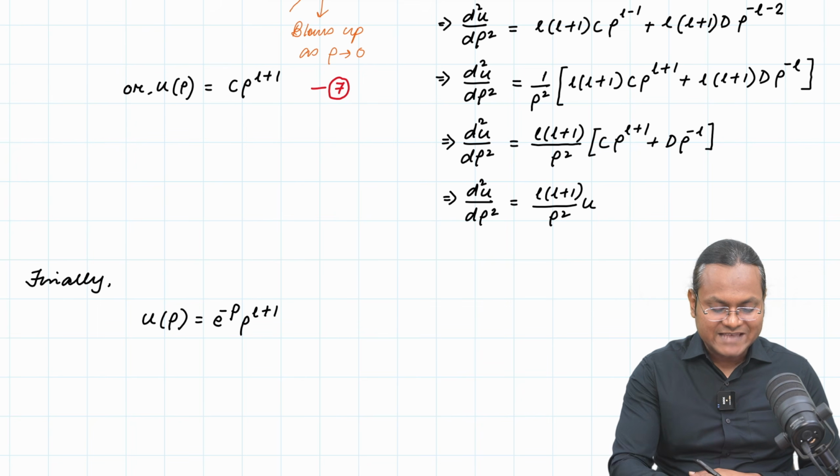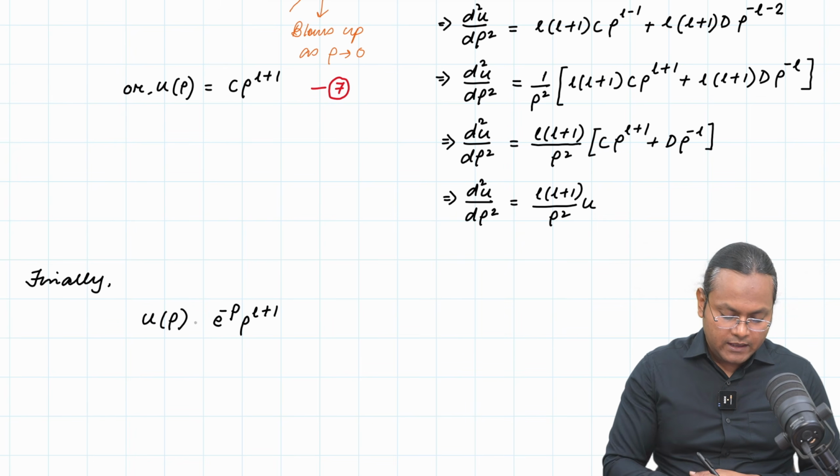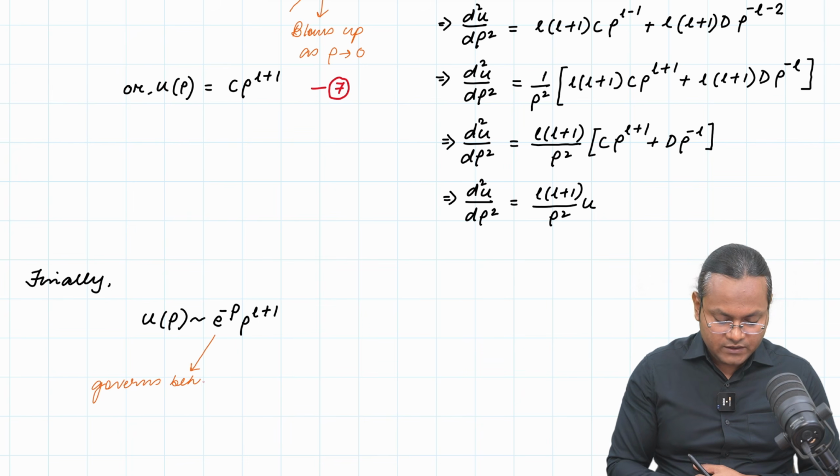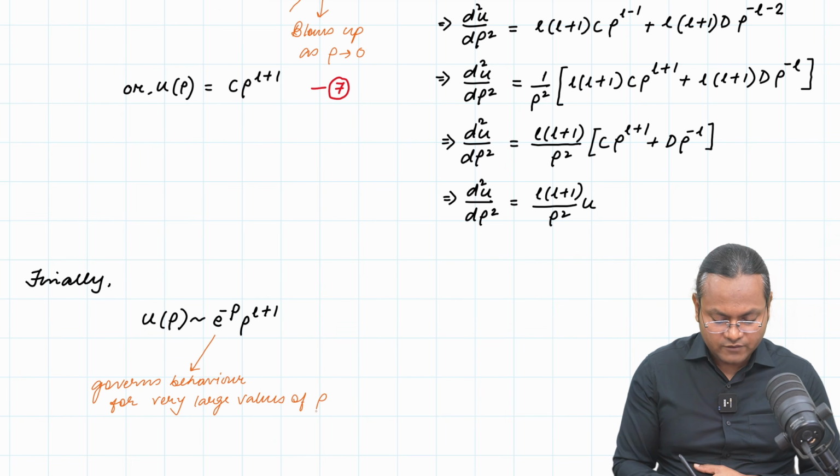Now this is not exactly the solution, right? This simply gives you a behavior of the solution for different extremes. This governs the behavior for very large values of rho, right? Very large values of rho.